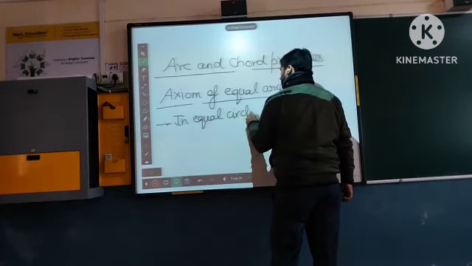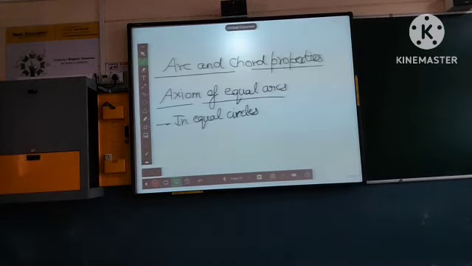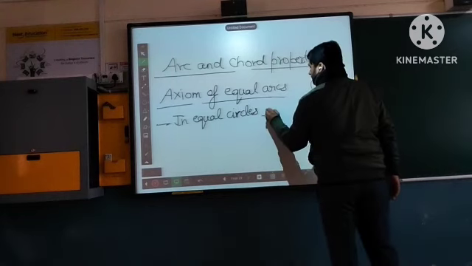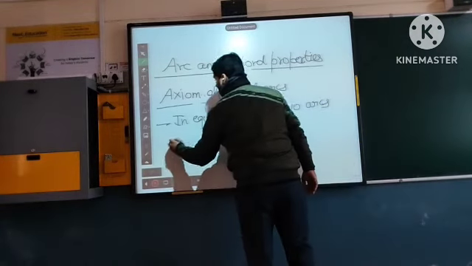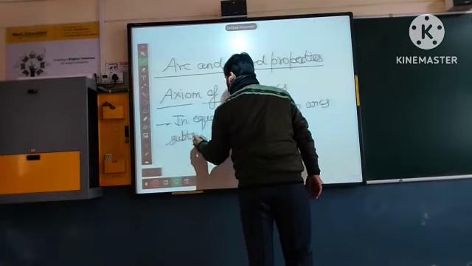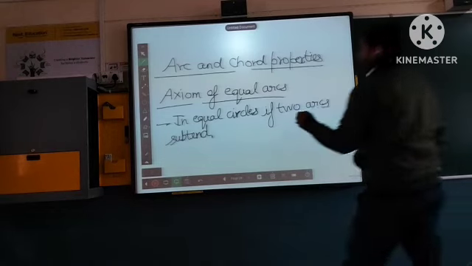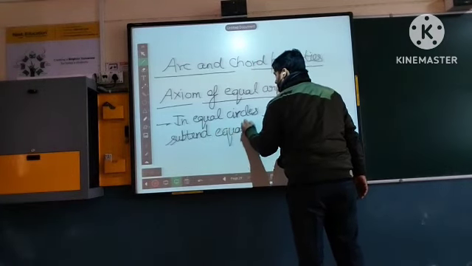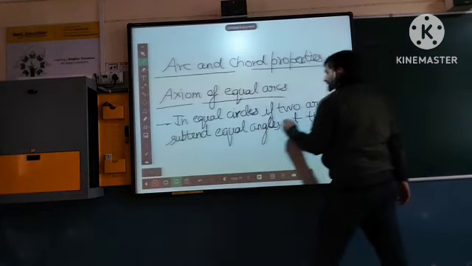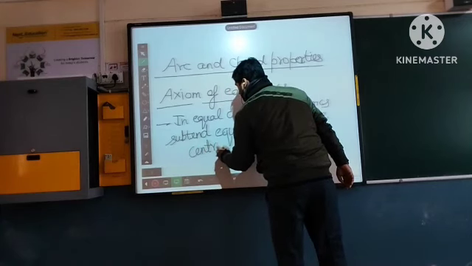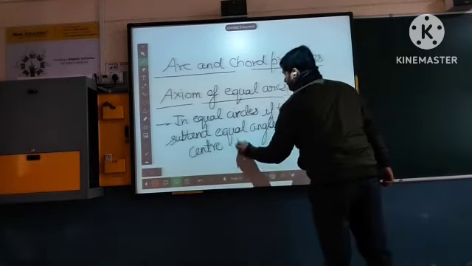In equal circles or the same circle, if two arcs subtend equal angles at the center, then we can say those arcs are equal.